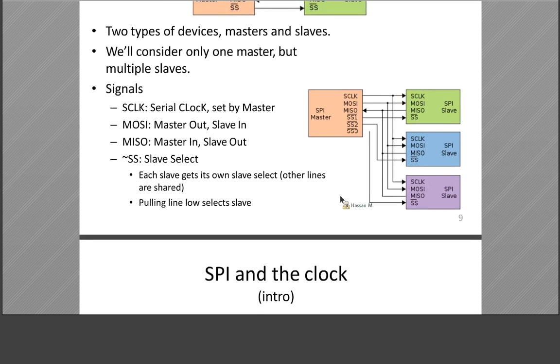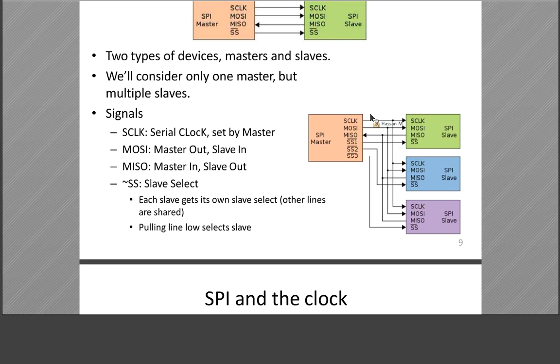But here, for more than a single slave, we see, for example, serial clock, MOSI, MISO, SS1, SS2, SS3, etc. SS1 is the slave select of the first slave, SS2 is the slave select of the second slave, and so on, okay.